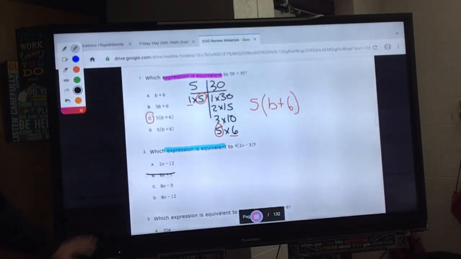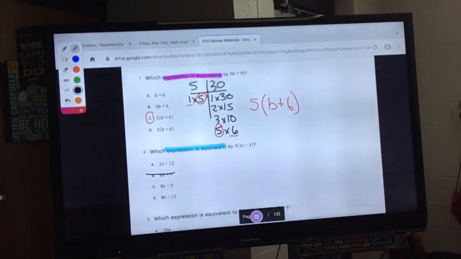Alright, now, what do we need to do here? Is this combining like terms? Is this distributive property? What is this? Olivia. This is distributive property.